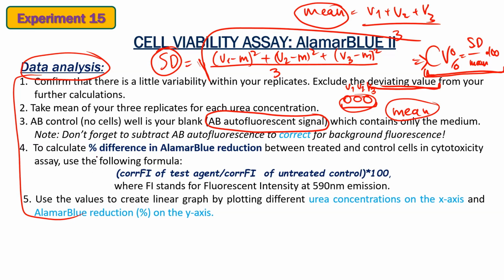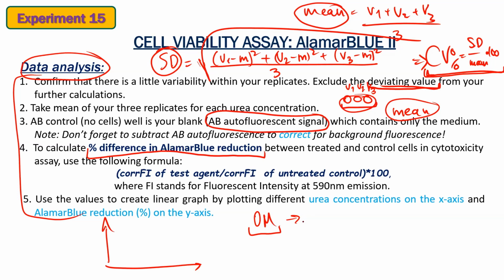Okay, so we have the percent of Alamar Blue reduction, and you want to reflect it on the graph for each of the treatments. So you have the graph, and you have 4 different treatments. The first one is 0 molar concentration of urea, and it is going to show you the maximal metabolism that is possible for this cell type.